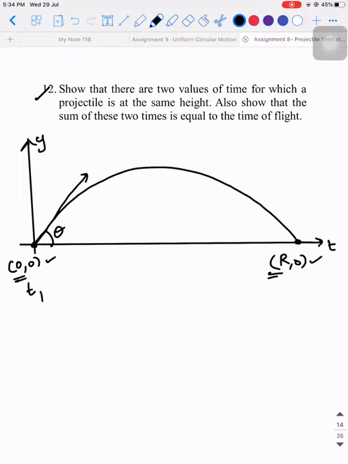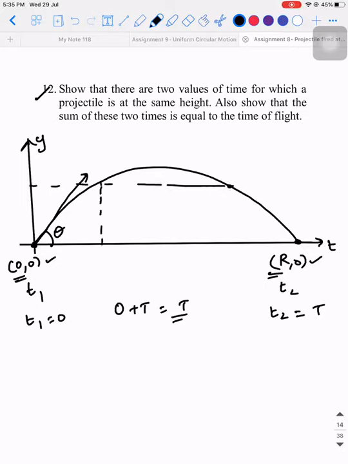So if I take this as T1 and this as T2, T1 is 0 and T2 is capital T. So 0 plus capital T will be capital T. So these are two such instances. The other two instances that are possible are if I draw a horizontal line. Okay, did you guys understand? I proved one using logic. Now I'm going to go with the mathematical expression.